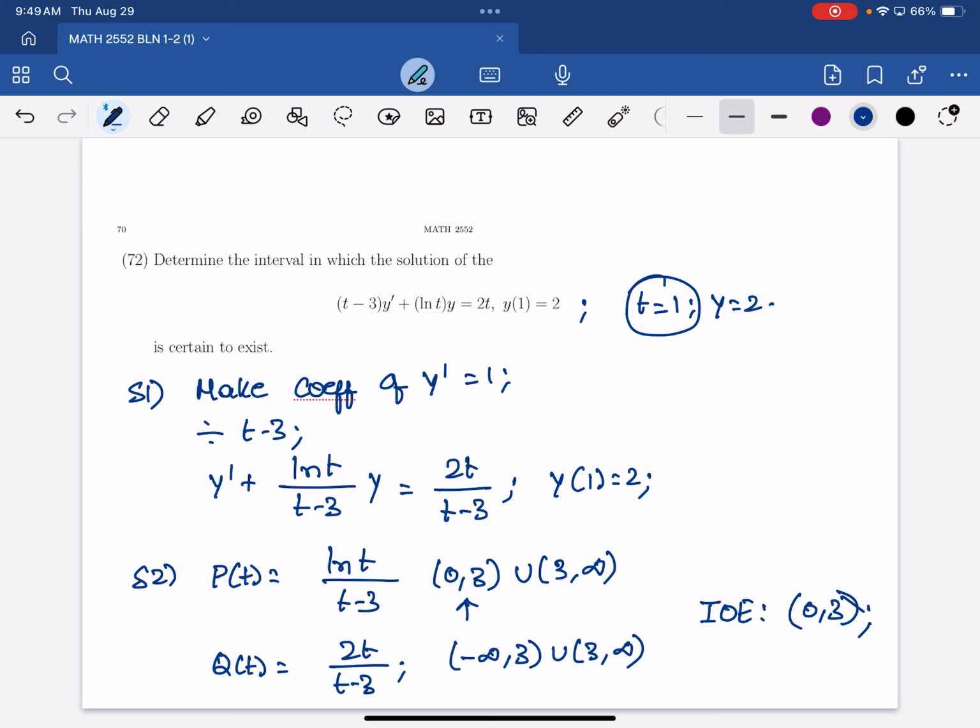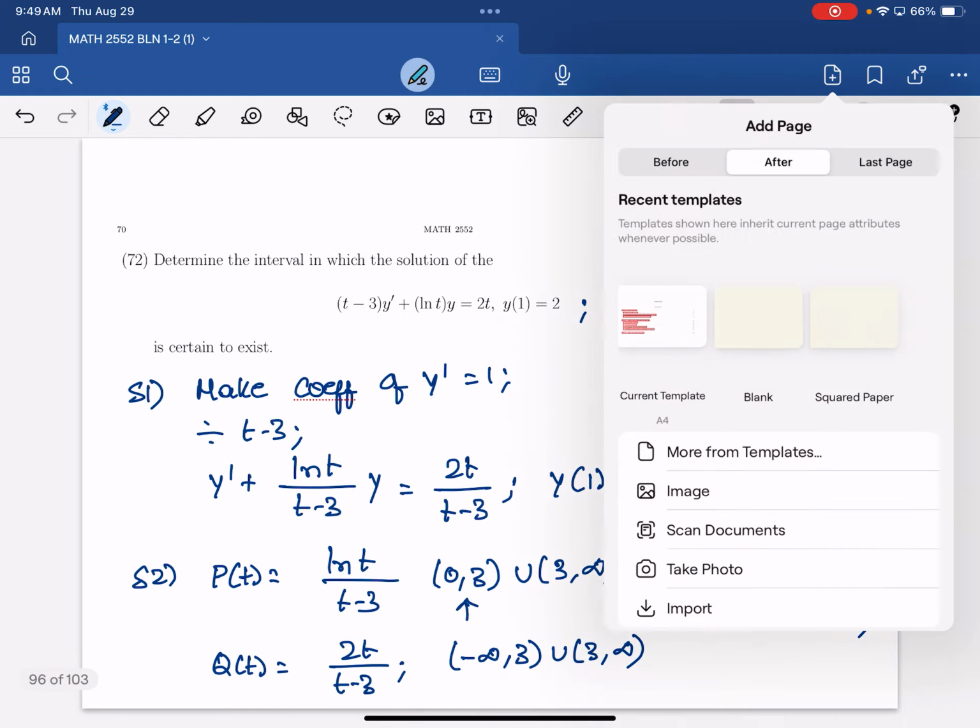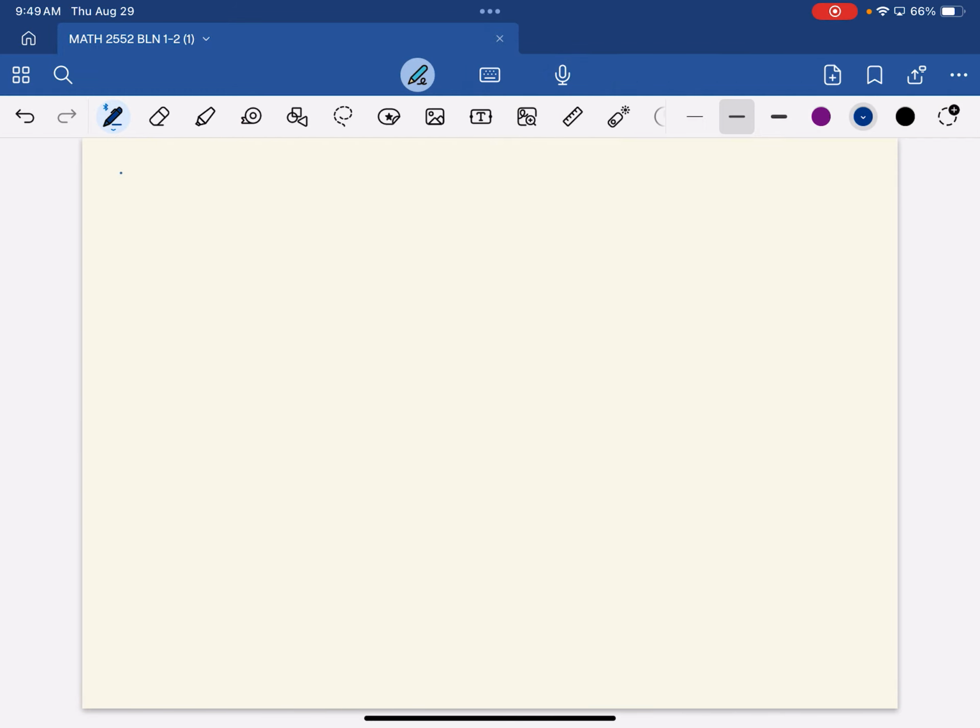Why? Because if the problem was the same, which is y prime plus natural log of t divided by t minus 3 times y equals 2t divided by t minus 3, and let's say I'm just making it up, don't question me on the accuracy of the problem, I'm just trying to have a little bit of variety here.